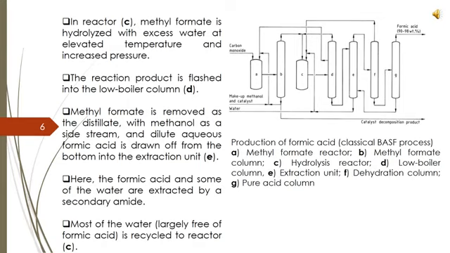Now in the extraction unit, what is happening? Secondary amide is used for the extraction of formic acid, and some of the water is also extracted along with it, but most of the water, now free from formic acid, is recycled from extraction unit E to C, where the hydrolysis is taking place.